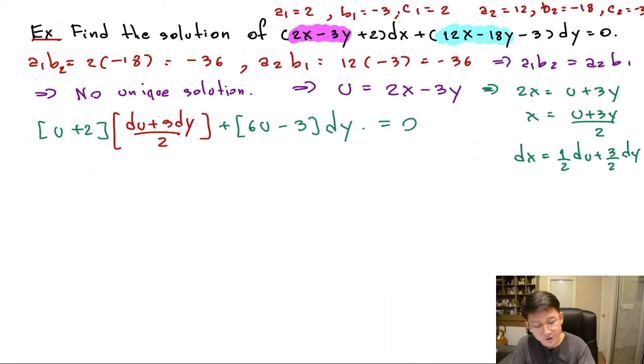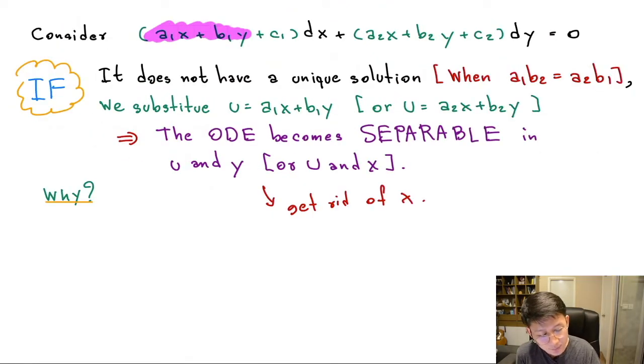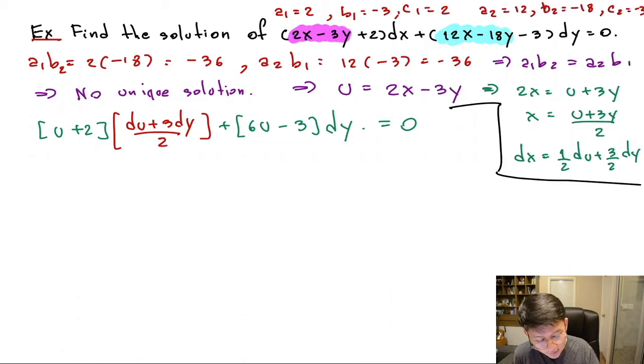equals 0. So I told you that this equation is separable, right? From here, I told you it's separable. And let's see whether or not it's separable. Okay, let's write it this way.